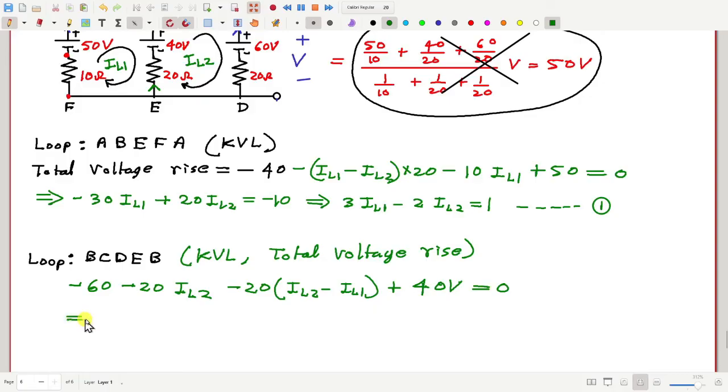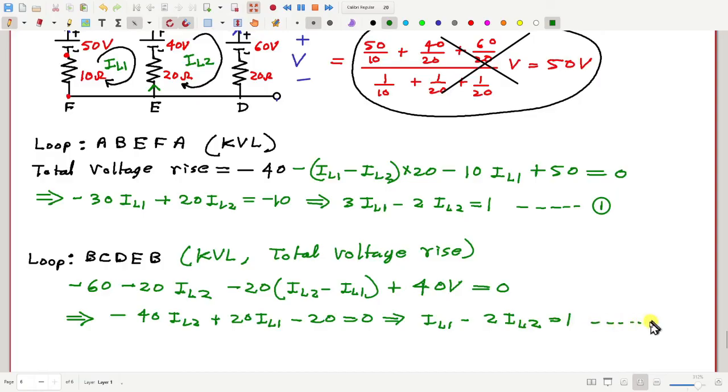And this, if you simplify, you will get minus 40 IL2 plus 20 IL1 minus 20 equal to 0, implying IL1 minus 2 IL2 equal to 1.